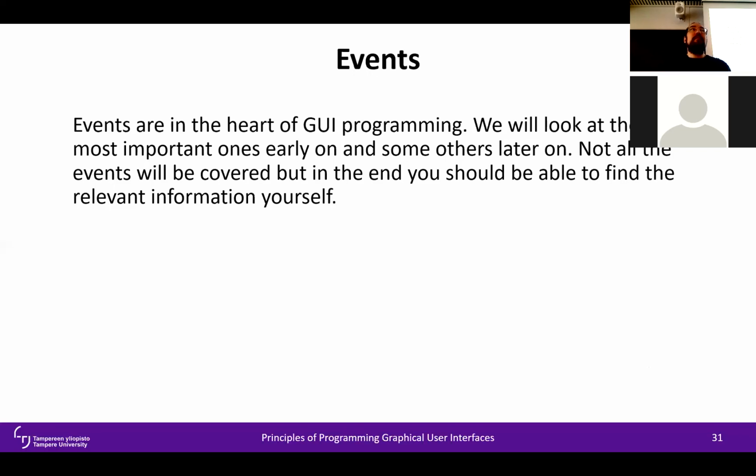An event is what happens when the user does something: when the user clicks the mouse, or moves the mouse, or when the user's finger touches the touch screen or moves over the touch screen. All that is communicated through events from the operating system and the framework to you, the programmer, and then you react to those one way or another.